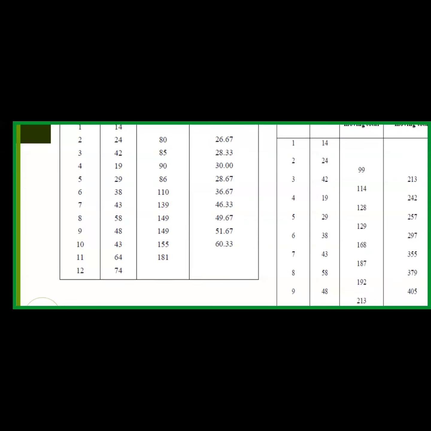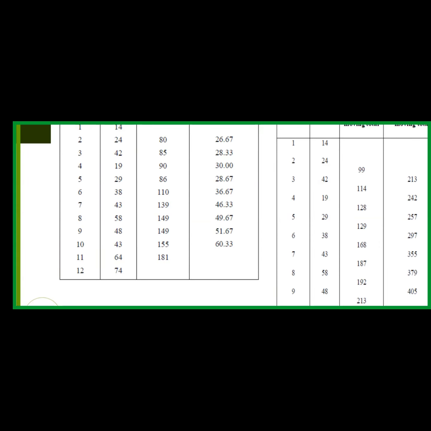So that is to give you a note: if it's not up to 3, you are going to stop. We stopped where there are up to 3 numbers. We cannot do 64 plus 74; it's just 2 numbers, and we are just looking for a 3 moving average. So that's why we stopped there.